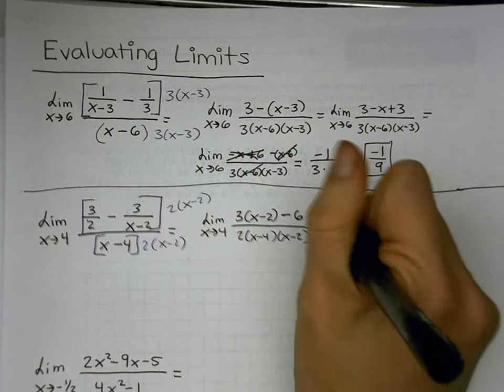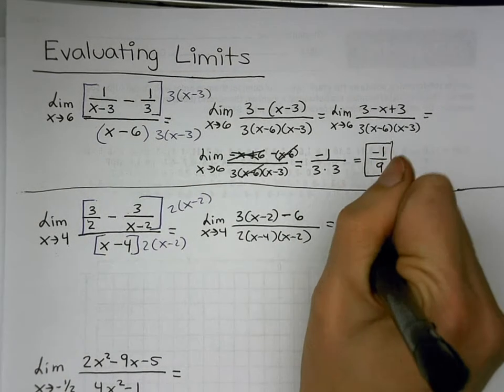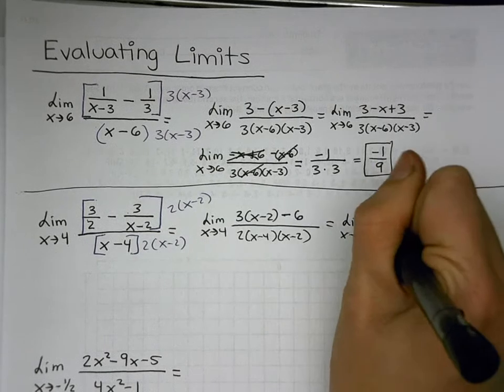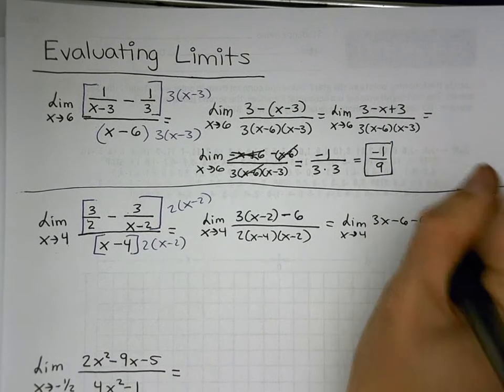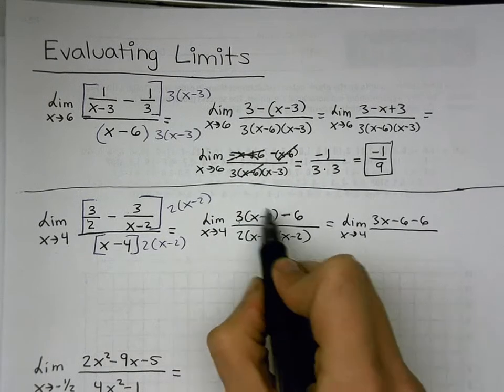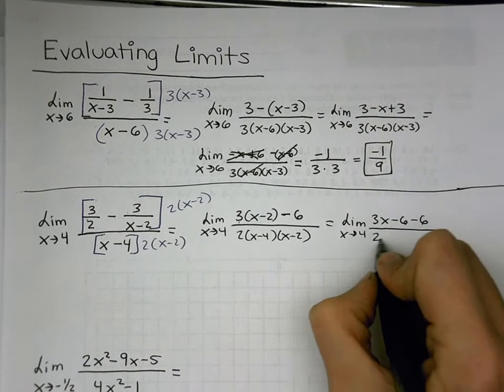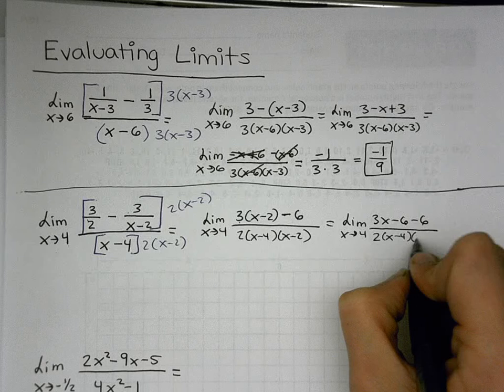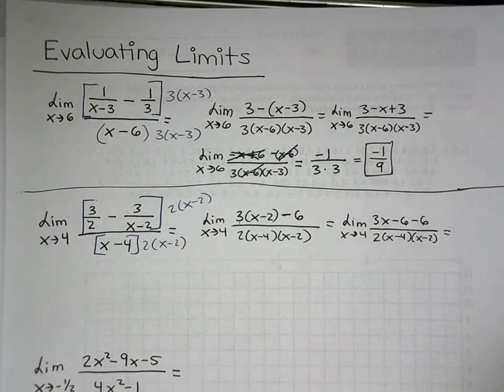Okay. Distributing, this gives me the limit as x approaches 4 of 3x minus 6, and then the minus 6 at the back, and 2 times x minus 4 times x minus 2.